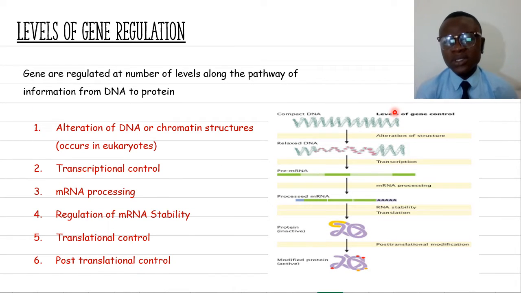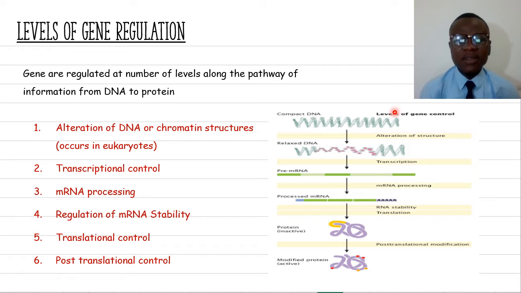So we've now told you why it's important to regulate gene expression. So where are the levels at which we can regulate the expression of a gene, especially along the information pathway, the central dogma, as we will call it?